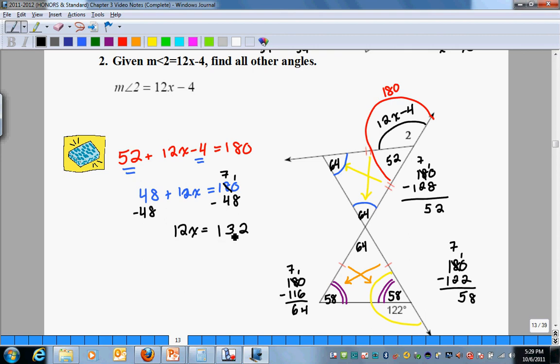We get 12x equals 132. So we're going to try 11 times 12, because we know 12 times 12 is 144, so let's try 11 times 12. And there it is, check, 132. So we know x, in this case, must equal 11.